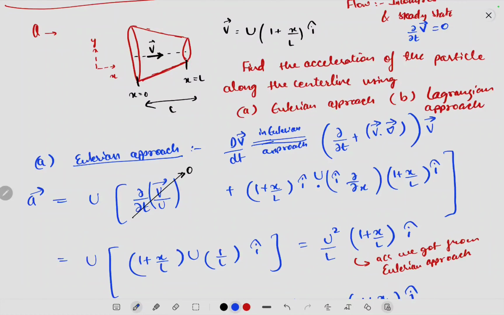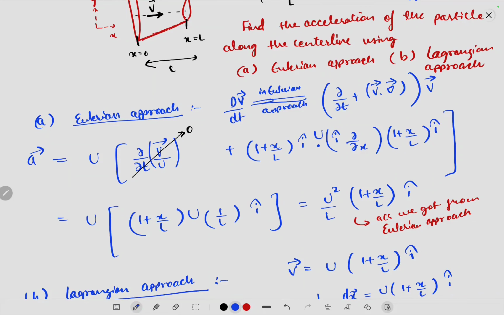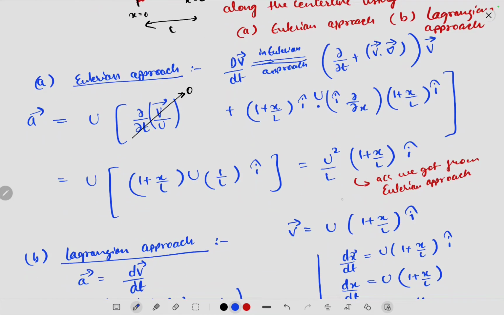So we just saw that if you have some probes inside your, let's say, pipe, they give you some velocity vector. Then from the Eulerian approach, getting the value of the acceleration was just, we could do it in just 2 steps, right?